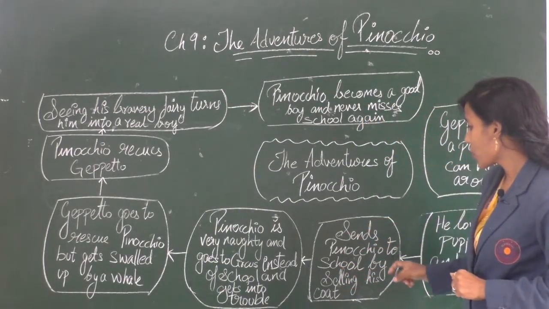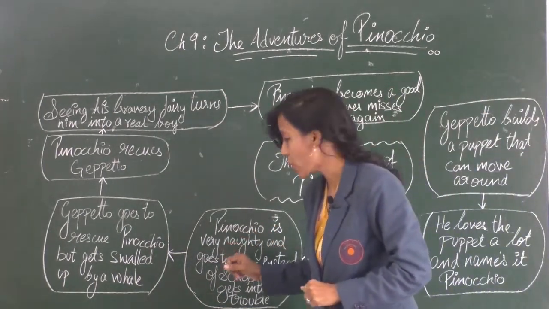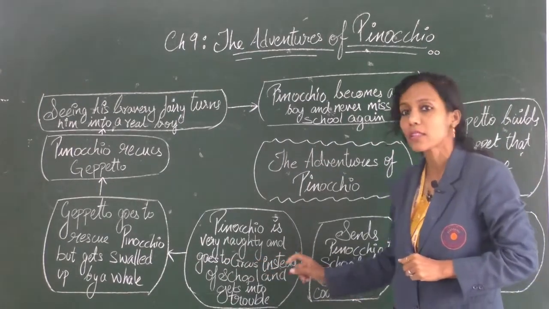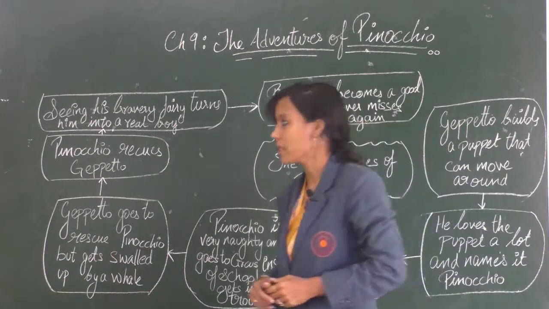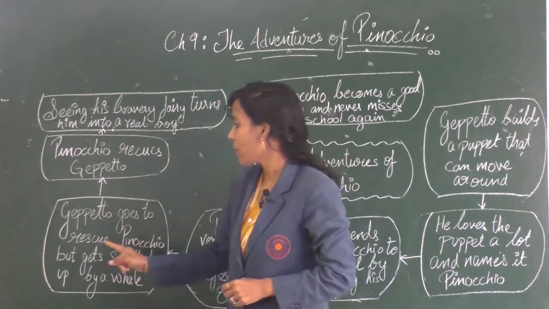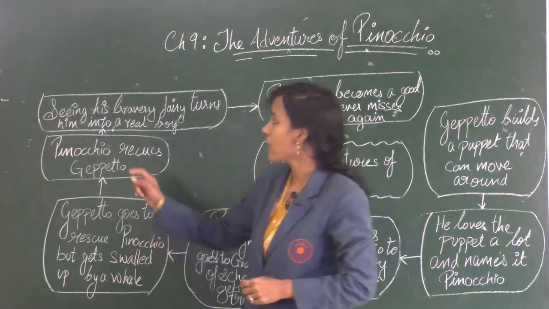He sends Pinocchio to school by selling his coat. Pinocchio is very naughty, goes to the circus instead of school and gets into trouble. Geppetto goes to rescue Pinocchio but gets swallowed up by a whale.